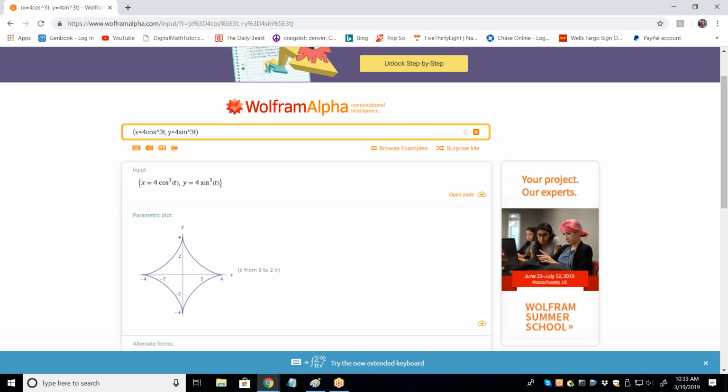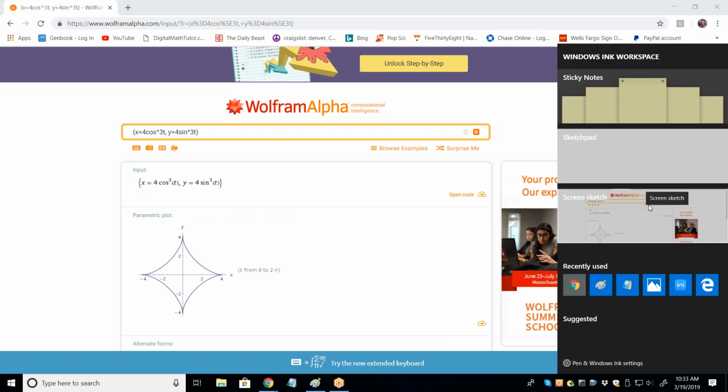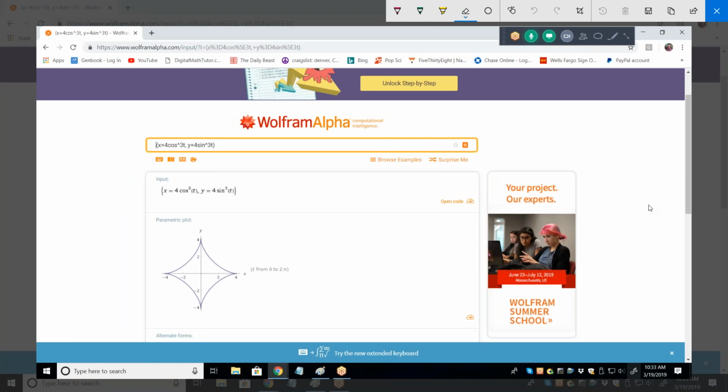If I examine each of these points to determine whether I'm looking at a cusp or a curve, the derivative is approaching 0 from the bottom, and it's approaching 0 from the top. Right.